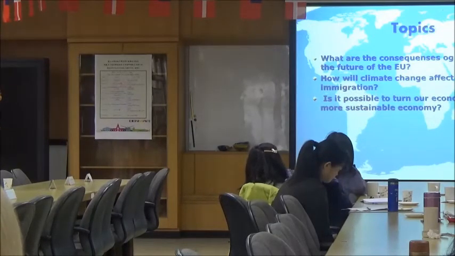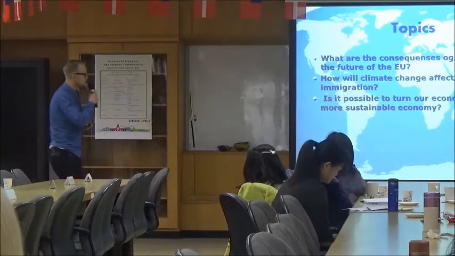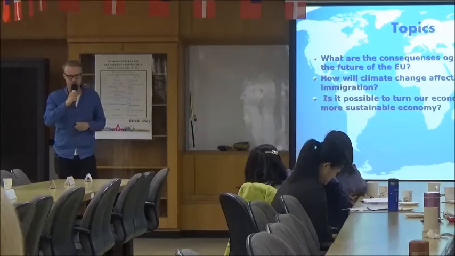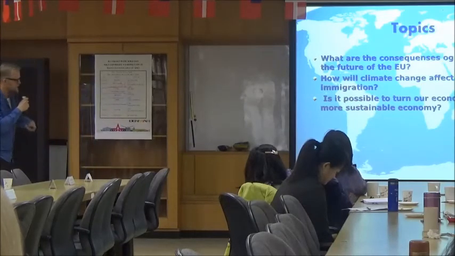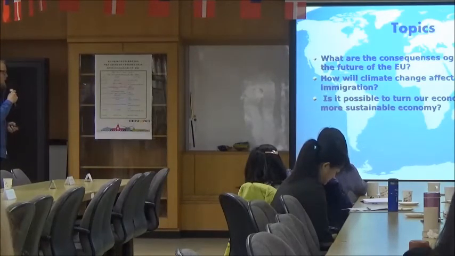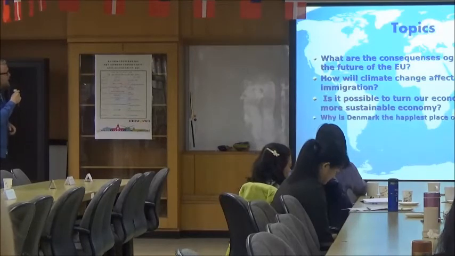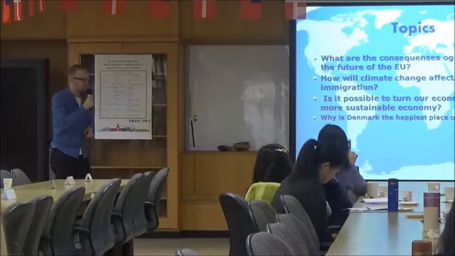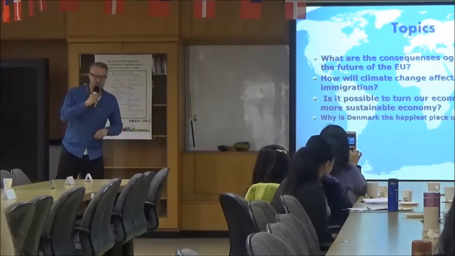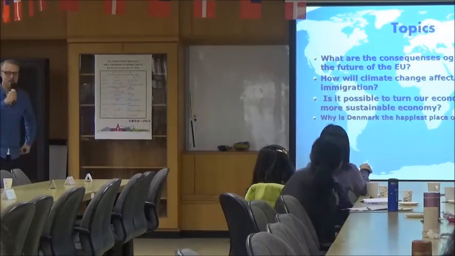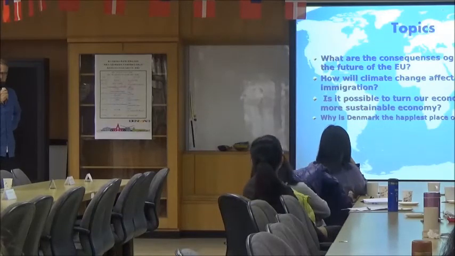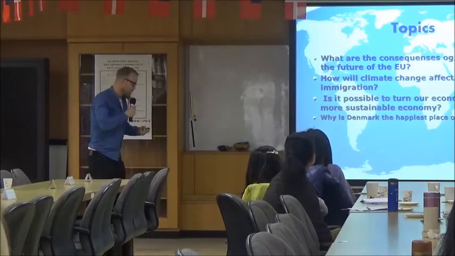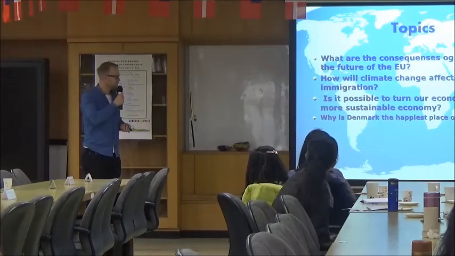Then we also have examples like this: is it possible to turn our economy towards a more sustainable economy, with recycling and so on? How do we do that? And then I brought this: why is Denmark the happiest place on earth? In international studies, Denmark always seems to have the happiest people on earth. And why is that? We don't know for sure, but we have some ideas.